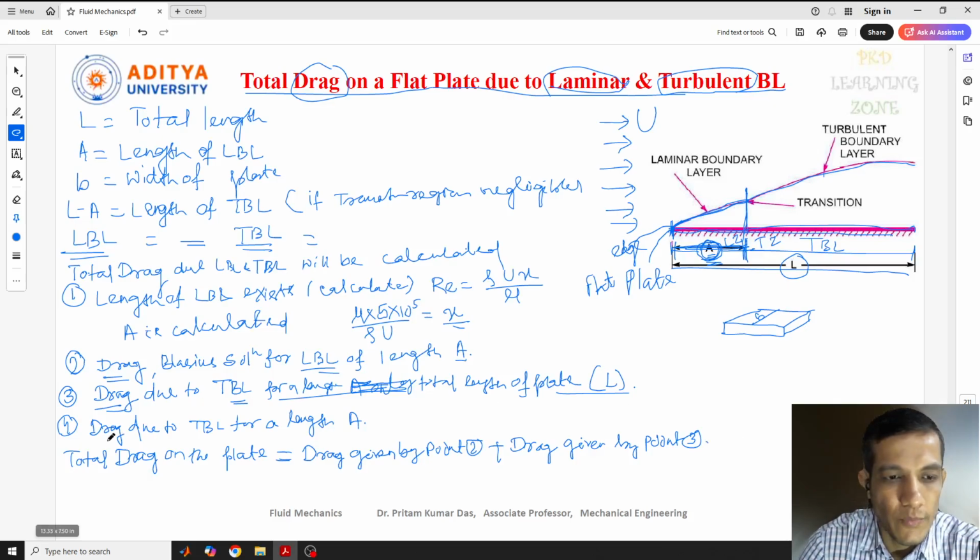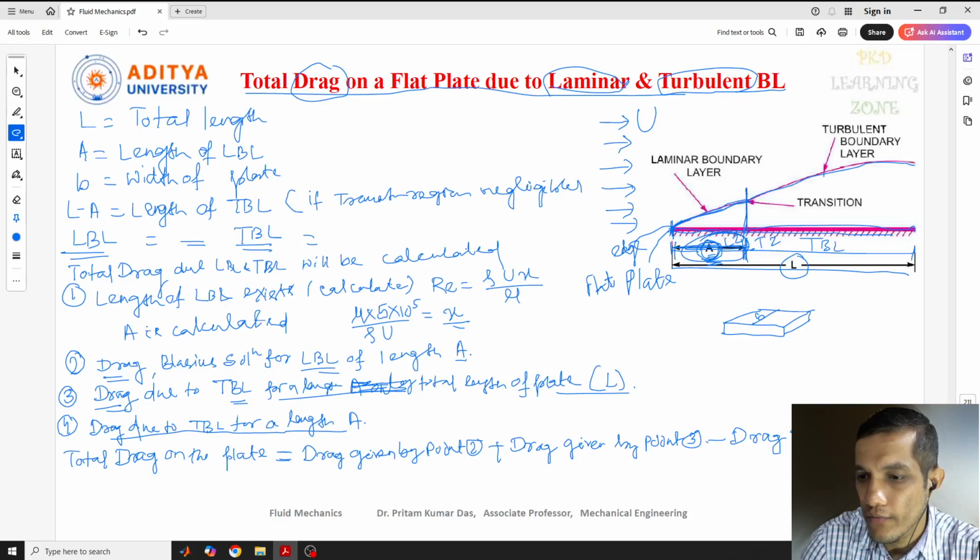And the next one, if you see the fourth point, the drag due to the turbulent boundary layer for a length A, that is already included here, so that needs to be minus here, so we can minus this one. So the drag given by point number 4. Now see, point number 2 is what?